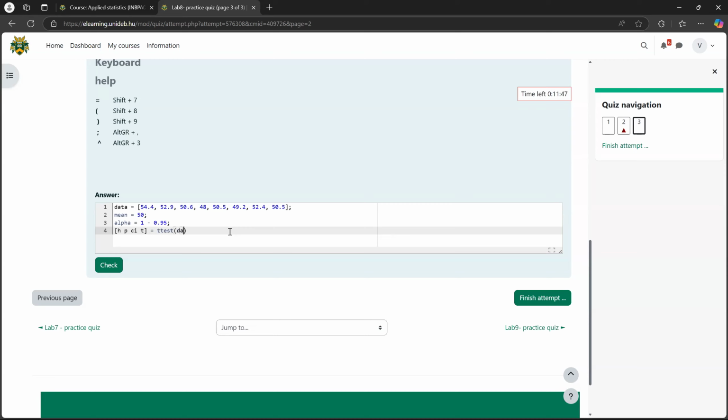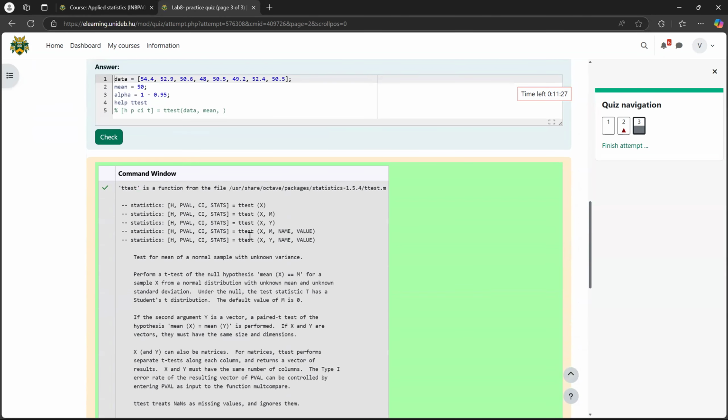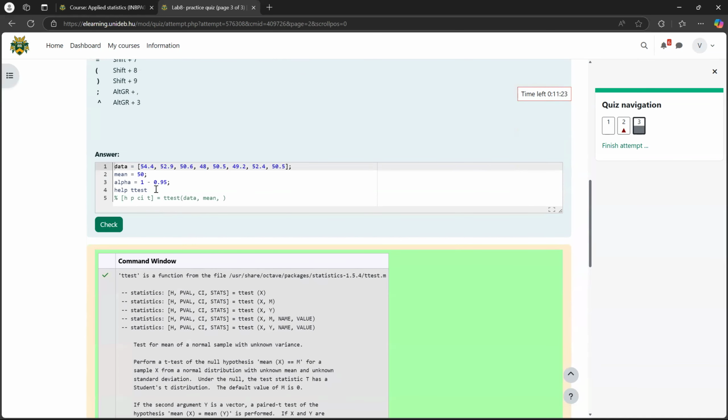Okay, what do you give for the t-test? You give the data, you give the mean. And just a second. By the way, the shortcut to commenting code is Control slash. So I can just comment out a whole line. Okay. Name value.